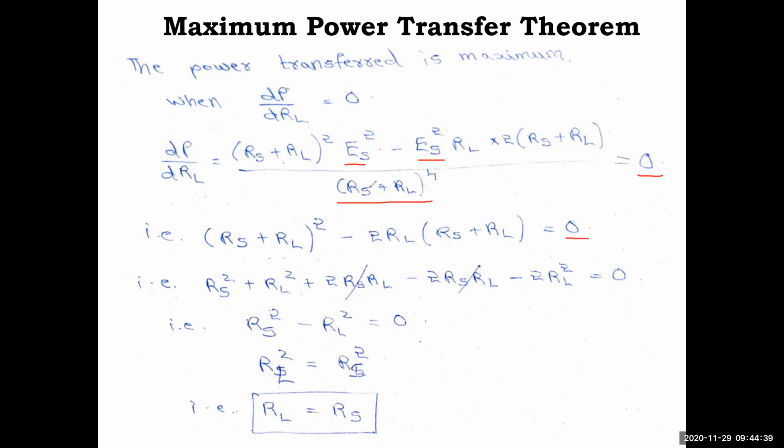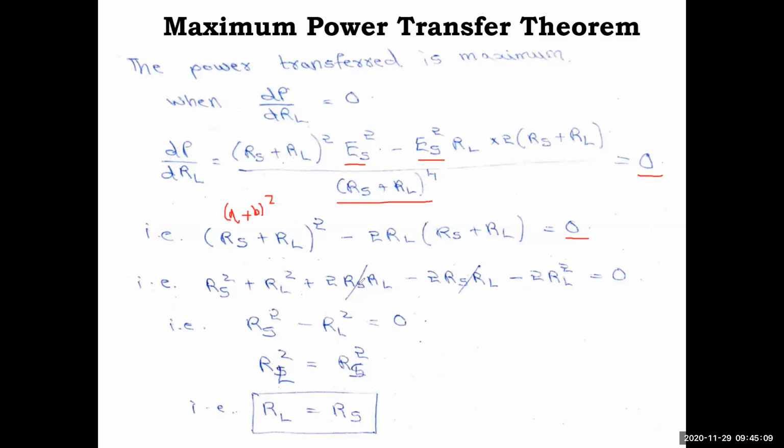Then what is remaining? Rs plus RL square minus, so this Es square is cancelled out, 2 RL into Rs plus RL equal to 0. Now simplify. This is a plus b whole square, which is also the standard formula, a square plus b square plus 2ab. So Rs square plus RL square plus 2 Rs RL, minus 2 Rs RL, minus 2 RL square, equal to 0.